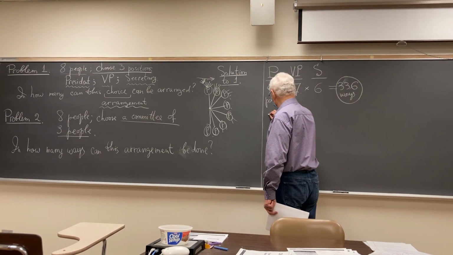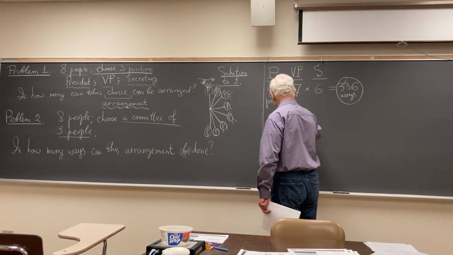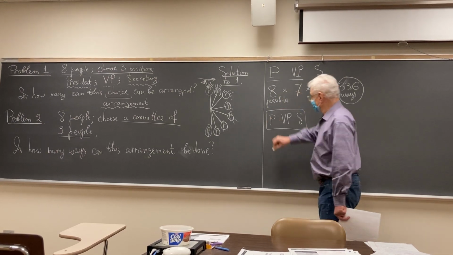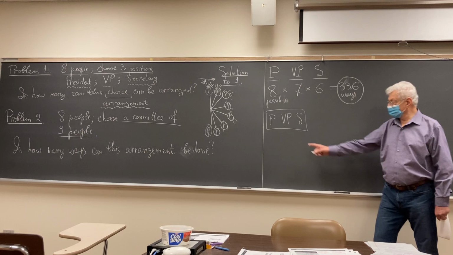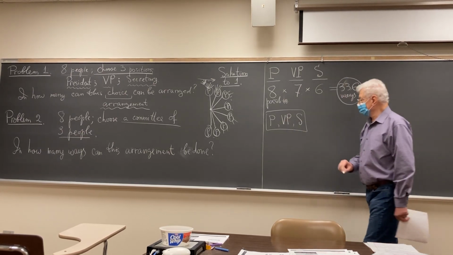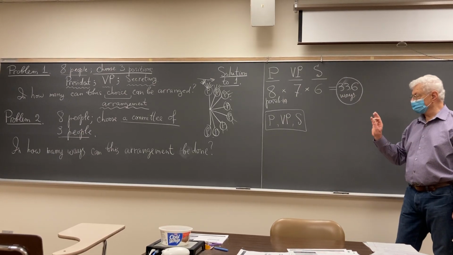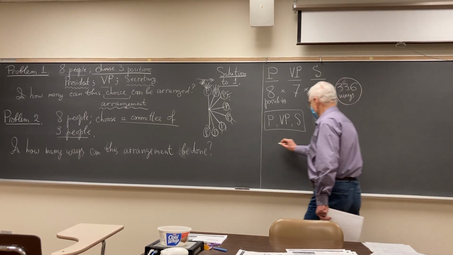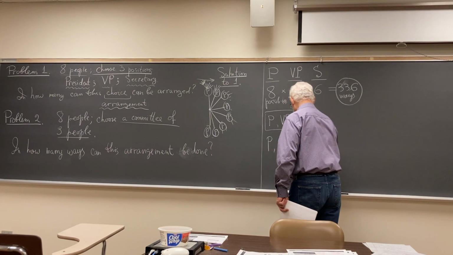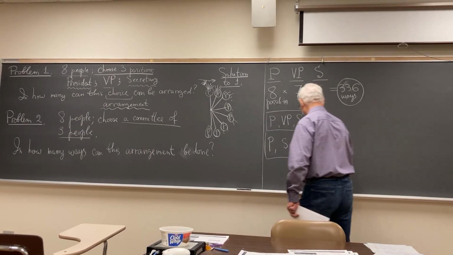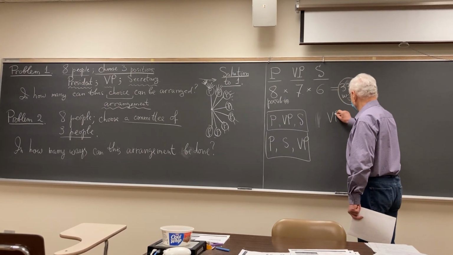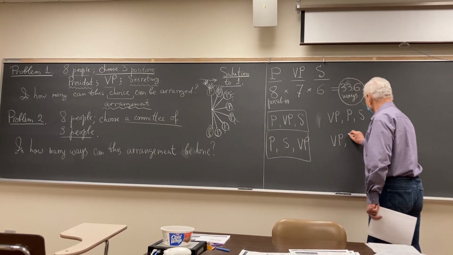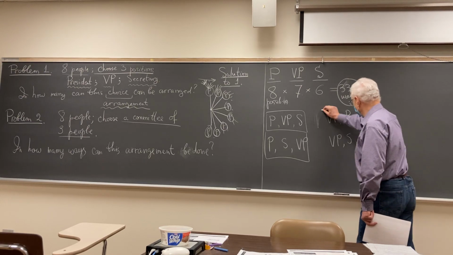so we can use the following. Either president, vice president, and secretary. We don't know the order, so we know only this set. But if you want to create an order, you have to write either this or president, secretary, vice president, or vice president, then president, and then secretary, or vice president, secretary, and president.